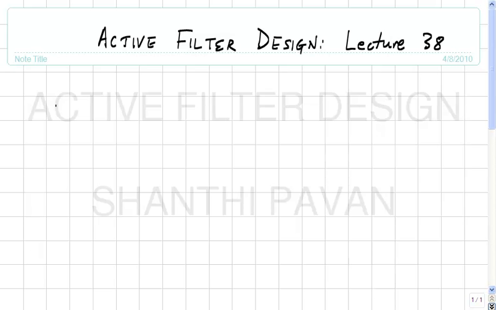So the family of active filters we have seen so far are the GMC filters. Let us quickly recall the problems with these filters and what we might be able to do to fix those problems. What do you think are the problems with these filters? One is limited linearity.